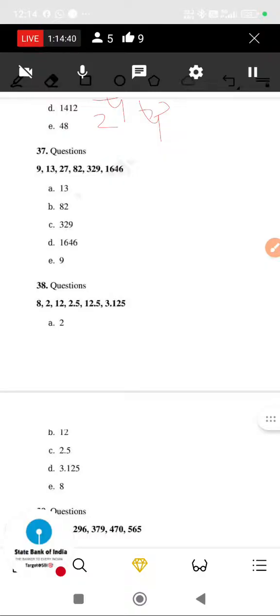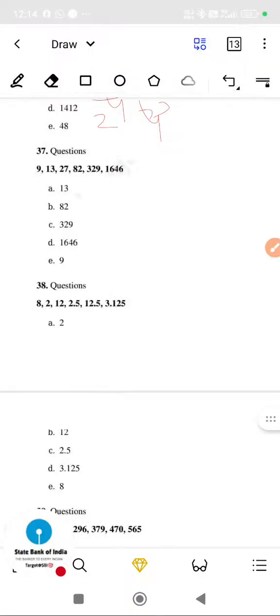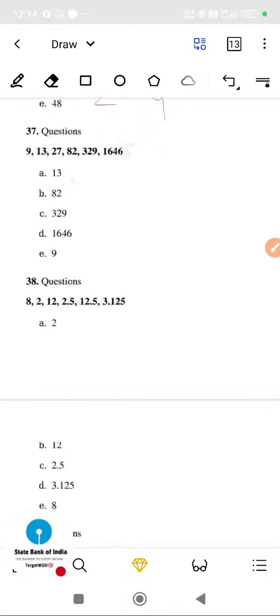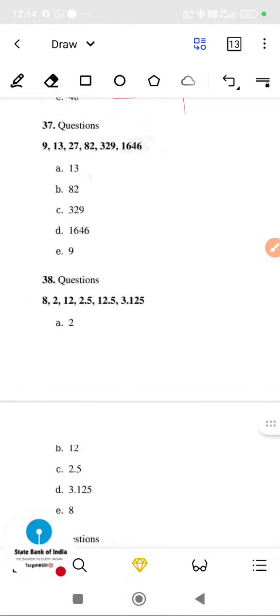Try to solve question number 37 and comment the answer for this one. 37 question. Here we see 9, 13, 27, 82, 329 and 1646.